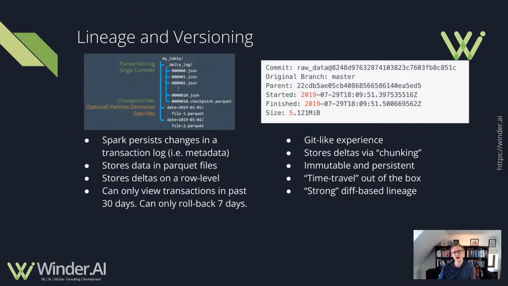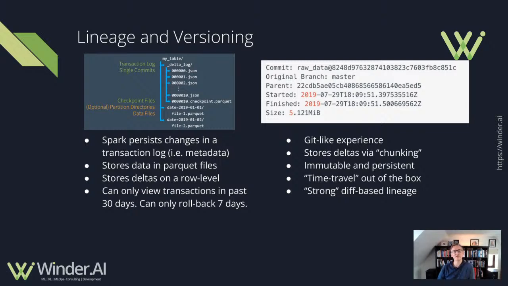The changes that are registered are done on a row level. So the deltas are done on a row level. So if anything within that row changes, then the whole row needs to be updated. And this is one of the principal reasons why Delta Lake cannot really work with unstructured data, because you're forced to store that unstructured data in a row-column-like format.